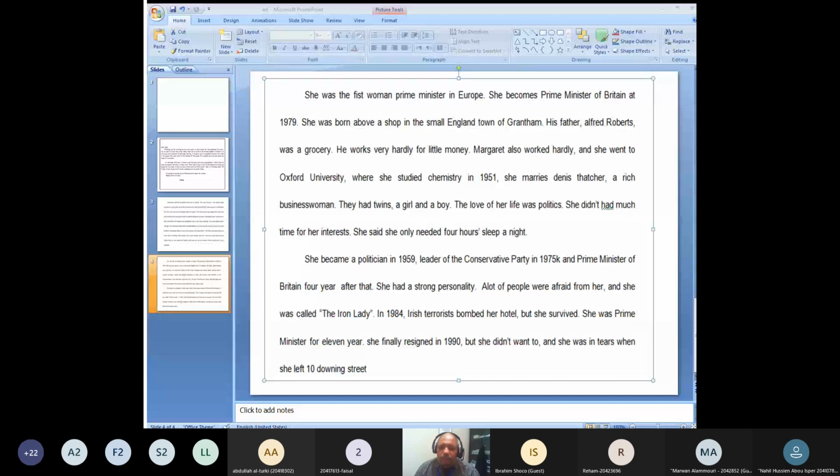So whenever you have this of structure, you have the before. So she was born above a shop in the small. England here is used as an adjective, but we have an adjective for England.